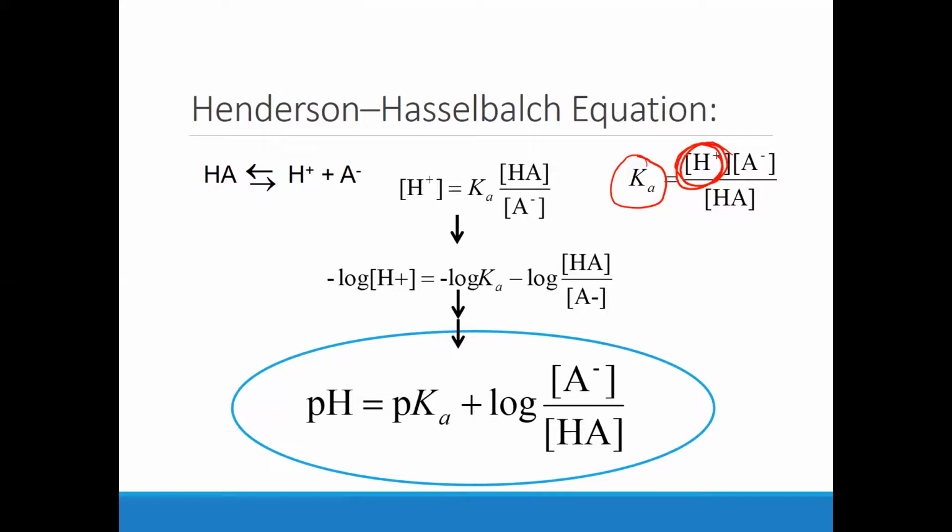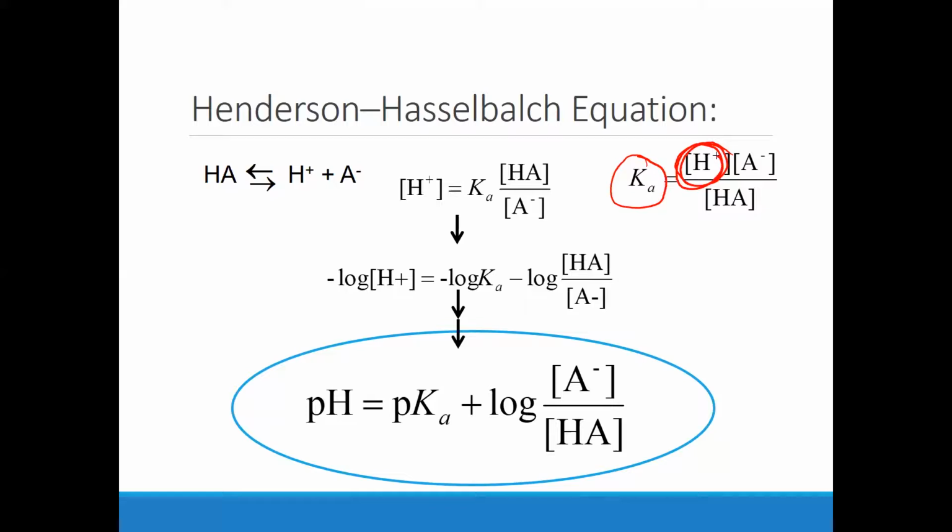And I'm not going to go through the whole derivation of how pKa and pH are related, but ultimately, we can use this equation, the Henderson-Hasselbalch equation, to show the relationship between pH and pKa. And that relationship is as shown.